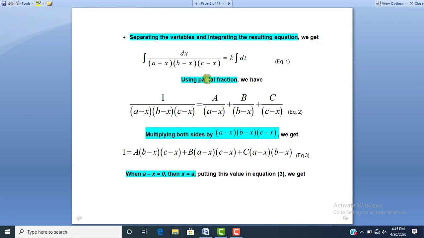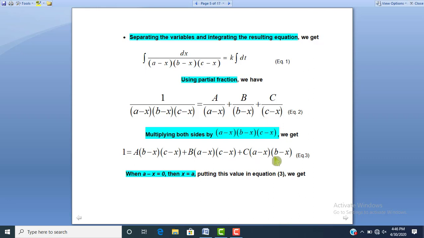So the resultant equation after multiplication, we will get 1 is equal to A into (b minus x)(c minus x) plus B into (a minus x)(c minus x) plus C into (a minus x)(b minus x).